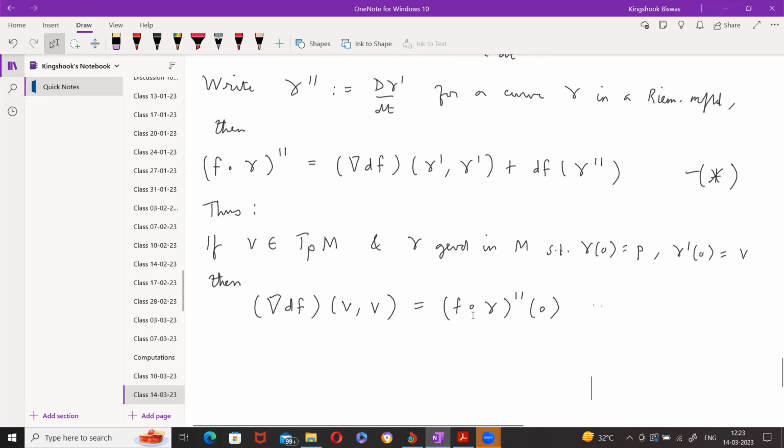This is not true for any curve. The curve has to be a geodesic, so that the second derivative of the curve is 0. The acceleration of the curve has to be 0. Is it clear? Yes, it's clear.